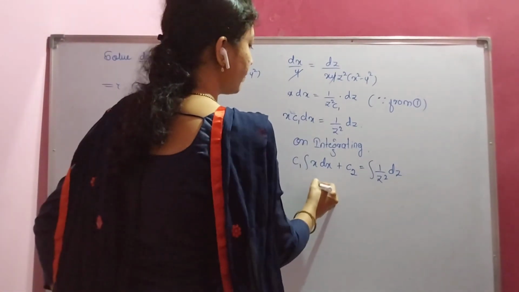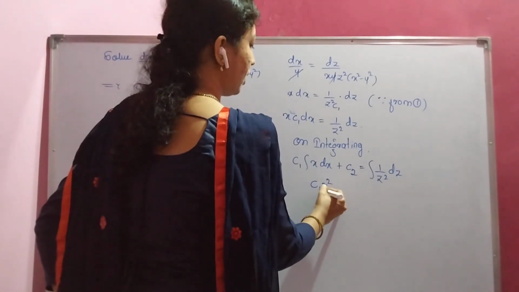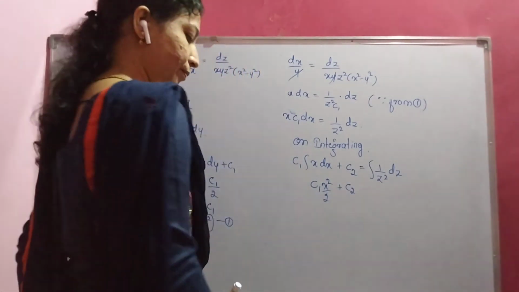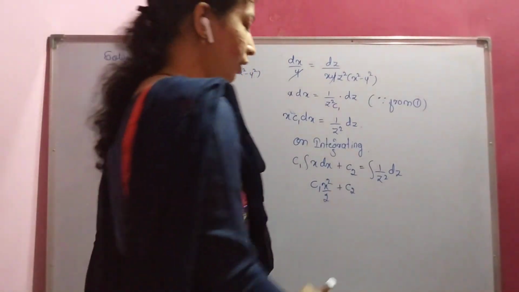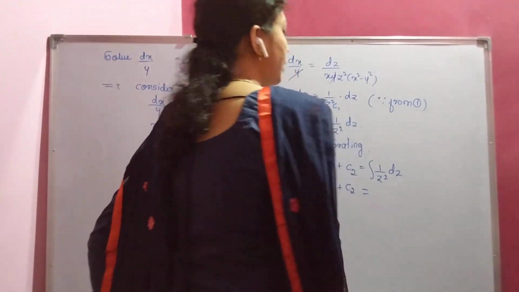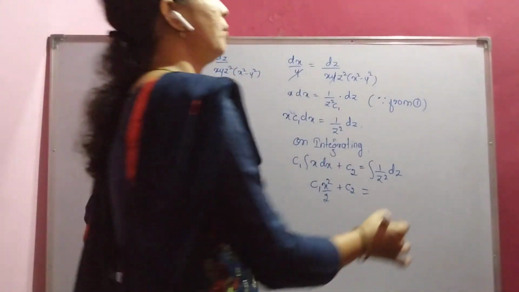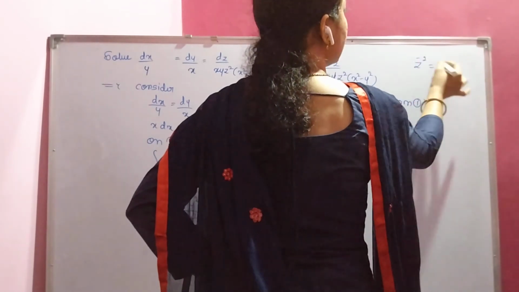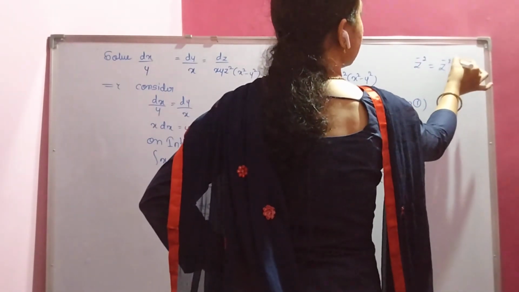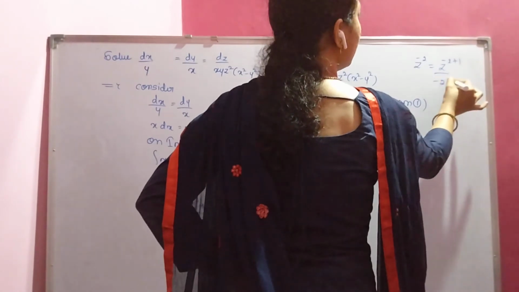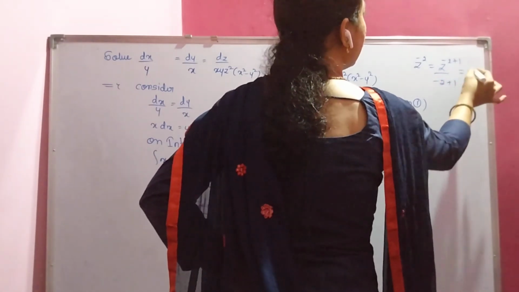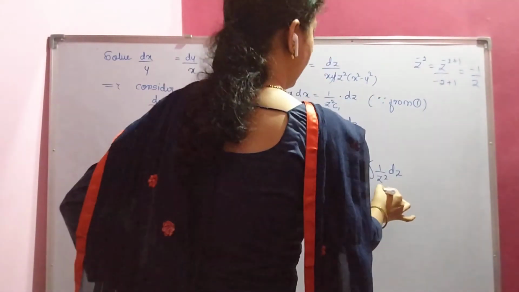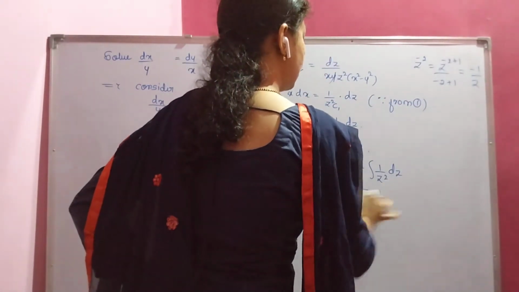So c1 times the integral of x is nothing but x square by 2, plus c2 as it is, and this is equal to the integral of 1 upon z square. 1 upon z square can be written as z to the power minus 2. So the integral of this term is z to the power minus 2 plus 1 divided by minus 2 plus 1, which is nothing but minus 1 upon z.